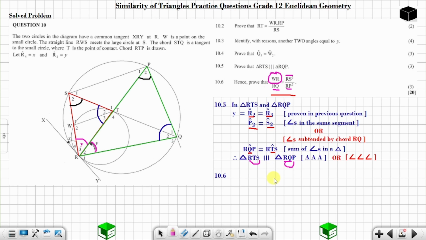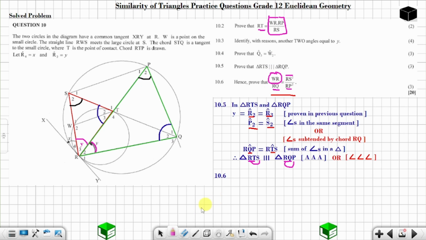So can you see RQ? RQ goes with RT. First and second RQ, first and second RT, and you have RT is equal to this, and you have WR inside. You can substitute this in the place of RT, since you have RT, and then you are going to have WR.